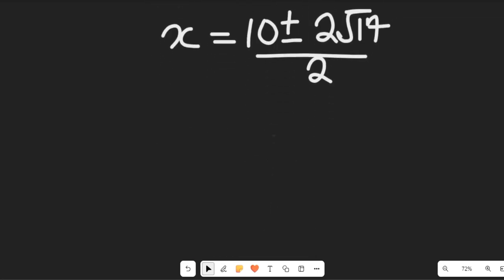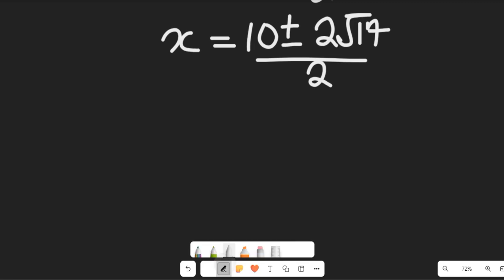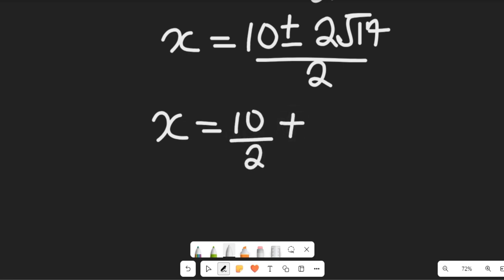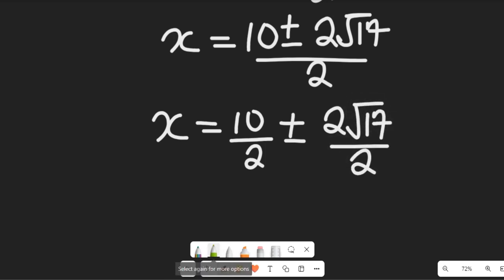So from this expression, 2 can divide both values. So we'll have our x to be equal to 10 divided by 2, which is a common fraction, plus or minus 2 root 17 divided by 2. So here 2 will clear here to give us 1. 10 divided by 2 is 5.